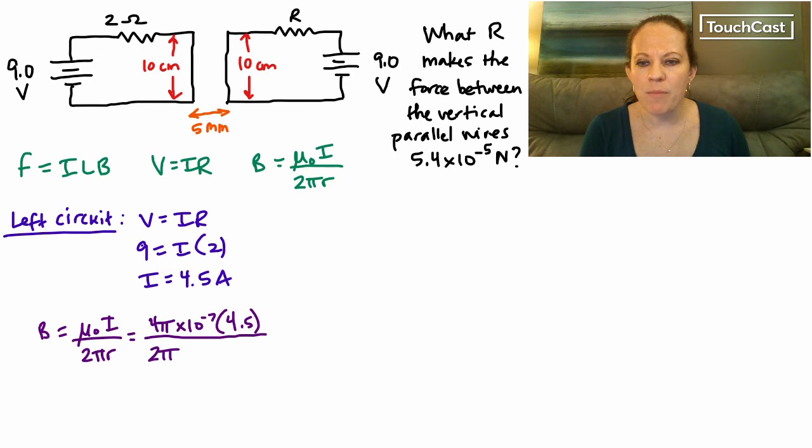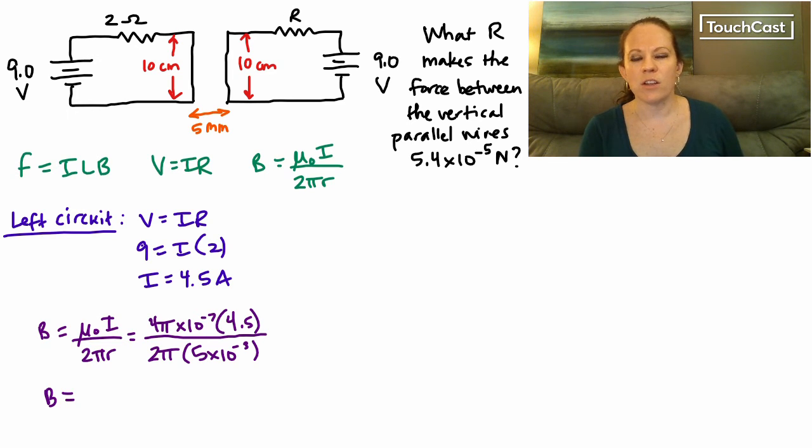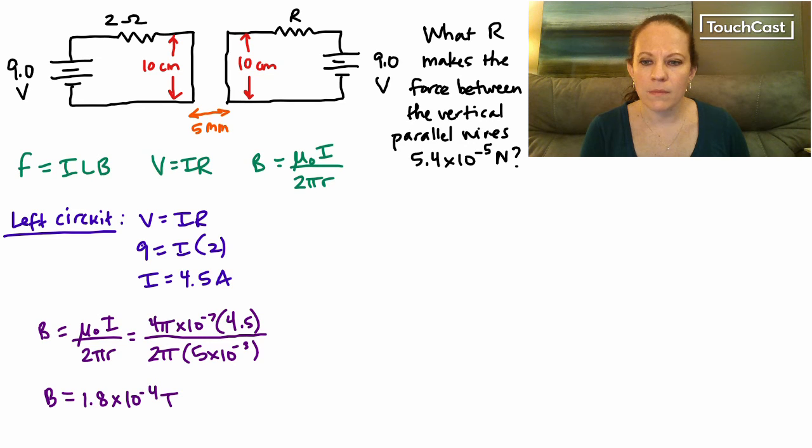And then we'll divide that by 2 pi times the distance between these two wires, which was 5 millimeters, which is 5 times 10 to the negative 3rd meters. So the magnetic field strength at the location of the right-hand vertical wire is 1.8 times 10 to the negative 4th teslas. Halfway there.